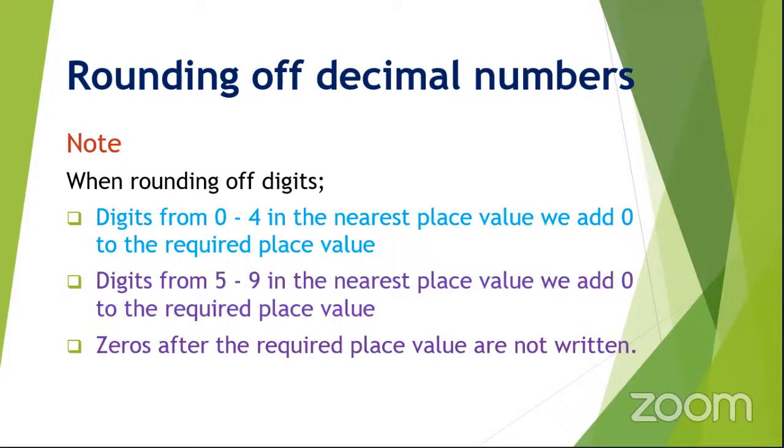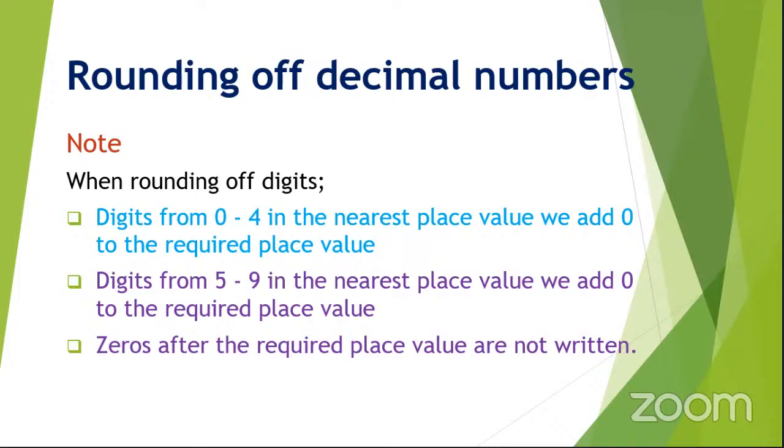But here in decimal numbers, we don't write them. Why don't we write them? Because they change the number, and they don't represent anything.